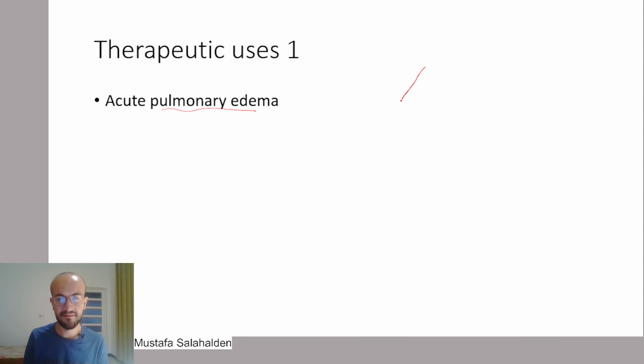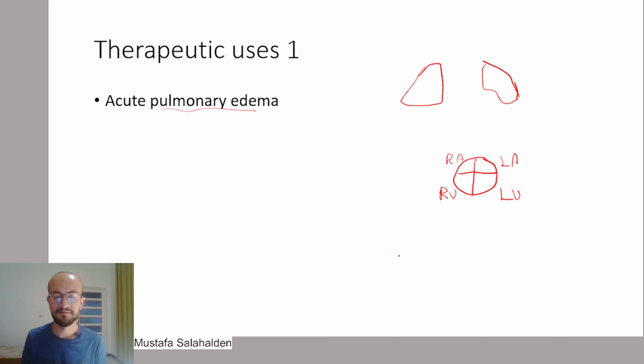So we have lungs here, and we have the heart. As we know, this is the right side, so right ventricle and right atrium, and this is the left side, so left atrium and left ventricle. We have the pulmonary artery, which comes from the right ventricle into the lungs here.